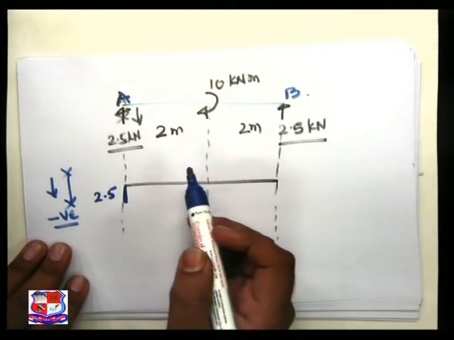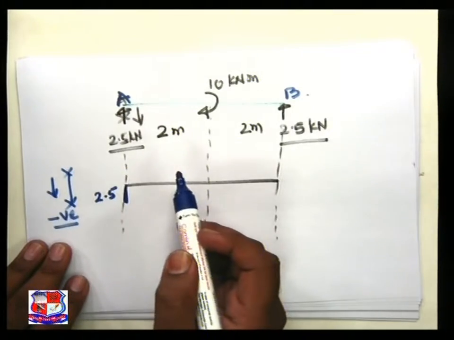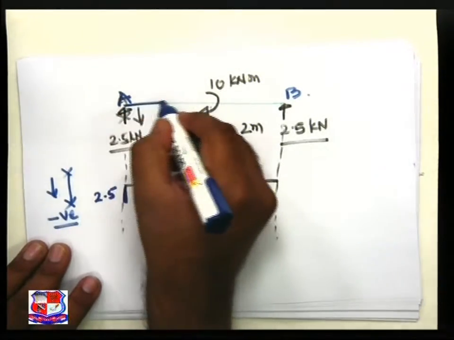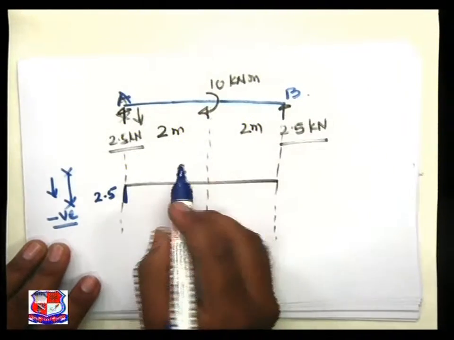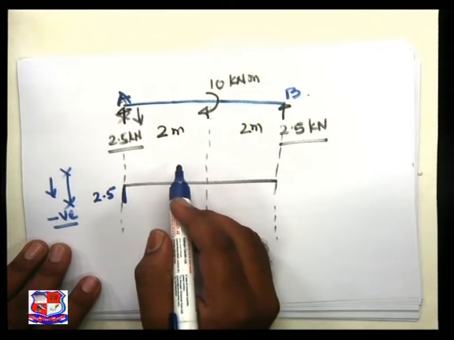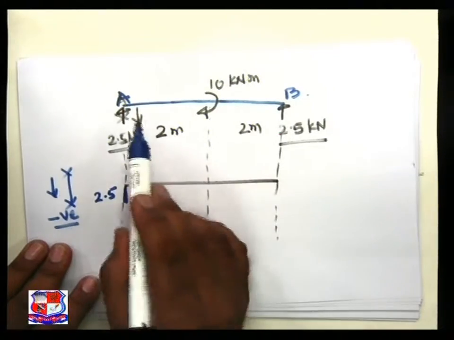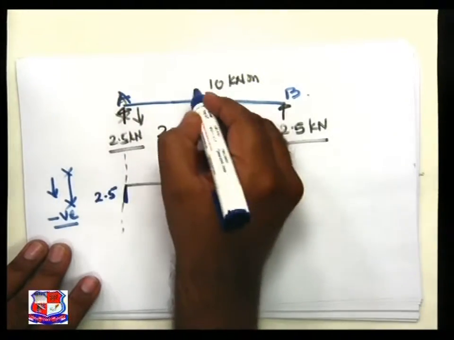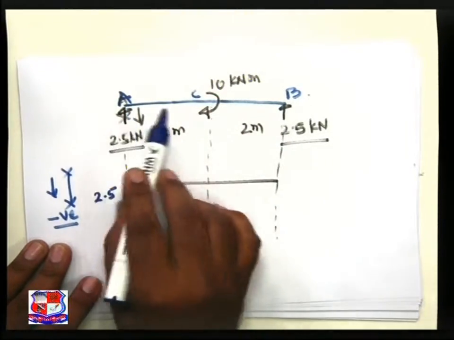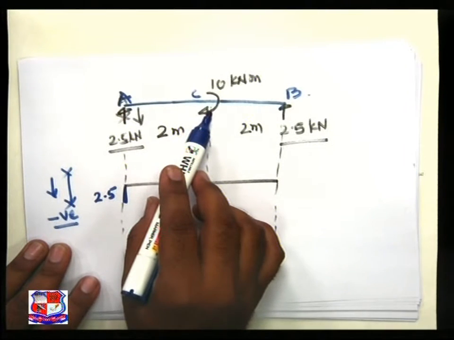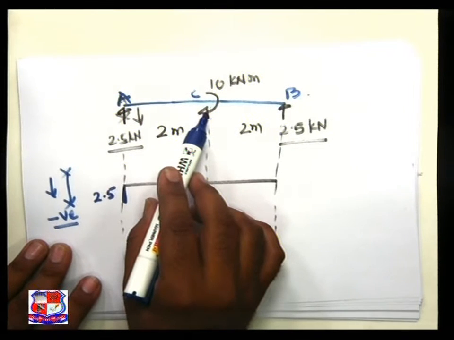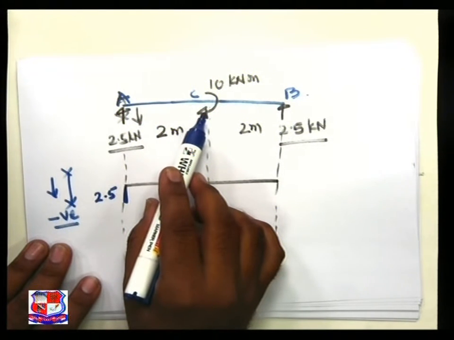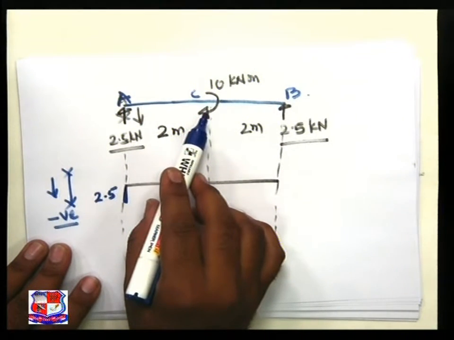Now let us start with the basic rules that we have studied in the previous problems. Between A and C there is no load. The variation of the shear force diagram is given by a horizontal straight line.